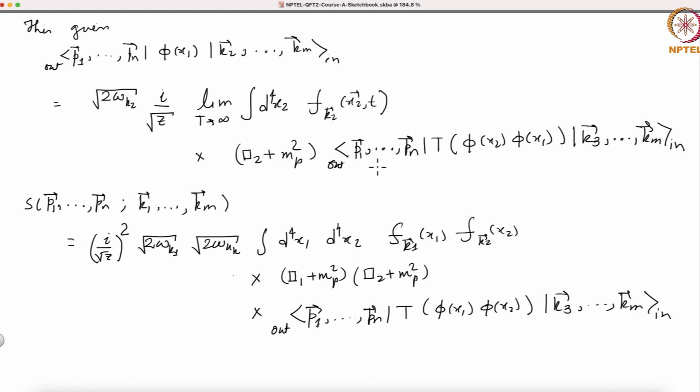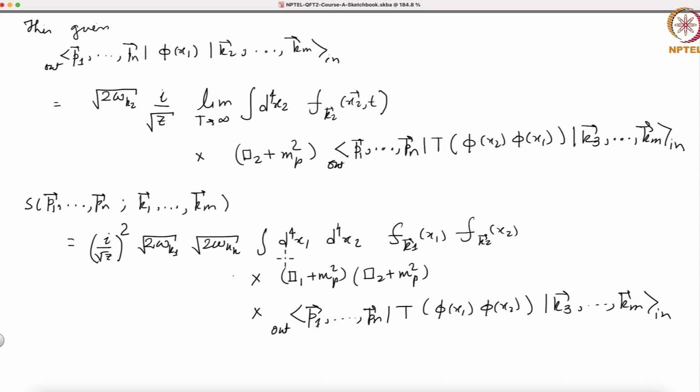Now you can imagine what will happen if we were to get rid of k3, k4 up to km. Each time I do that, I will bring in a factor of i over square root of Z, corresponding to root 2 omega k3, say for the next one.